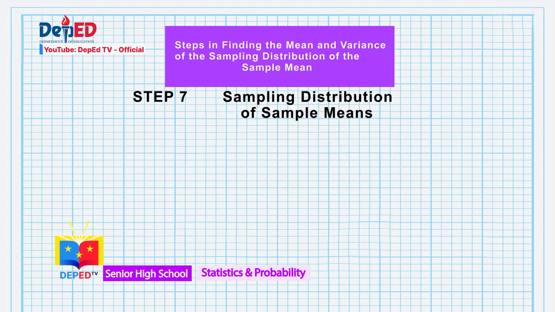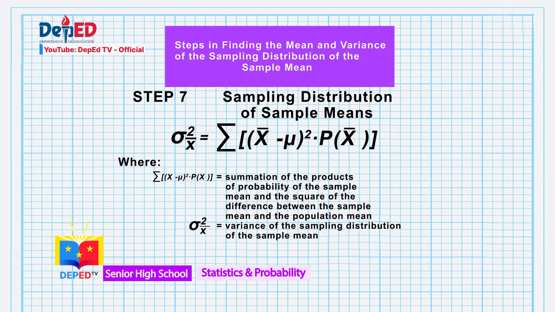The last step is to compute the variance of the sampling distribution of the sample means using the formula, where the summation is of the products of the probability of the sample mean and the square of the difference between the sample mean and the population mean, and sigma squared of x-bar is the variance of the sampling distribution of the sample mean.